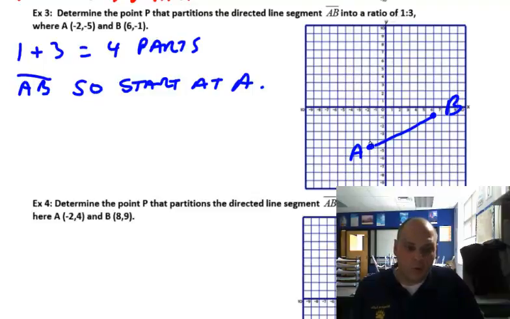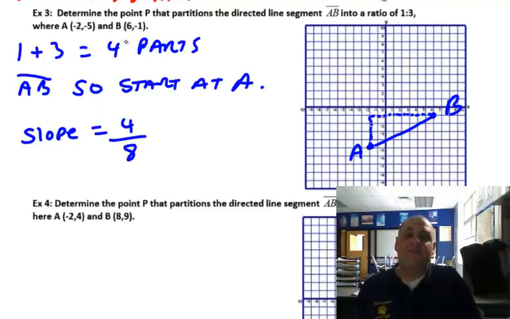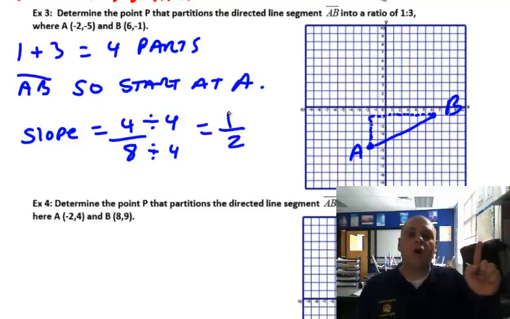My slope: I go up 1, 2, 3, 4, and over 8. My slope is up 4 over 8, but I need 4 parts. So I divide by 4, divide by 4. That gives me 1 over 2. That means I'm going to go up 1 and over 2 for each part. Almost the same as the one before, right?